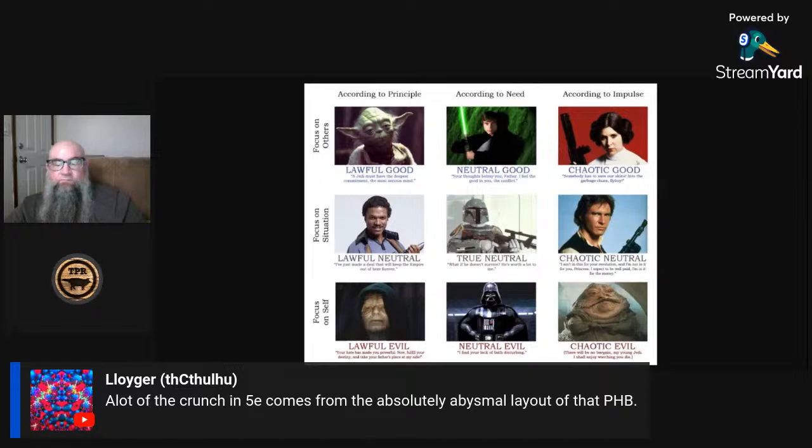When you look at how to lay out a rulebook, Pathfinder does it way better. They highlight the words that you need to know in different colors and different fonts, and they have specific definitions for the terms as they're used. 5e's natural language thing is annoying.